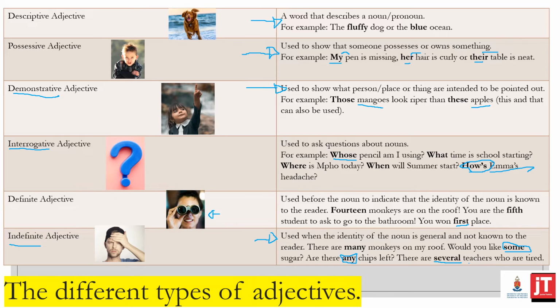Almost always before the noun, which will help us a lot because we are going to dive into pronouns now. And it might get tricky for us going forward simply because they're the same categories. They're very, very similar, but there are distinct differences which we will go through now.